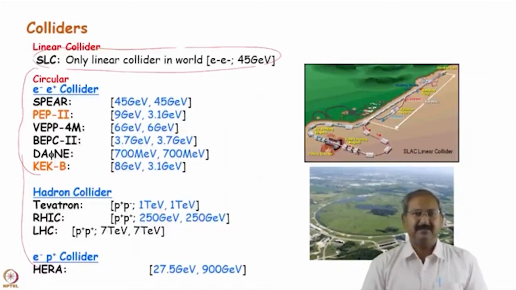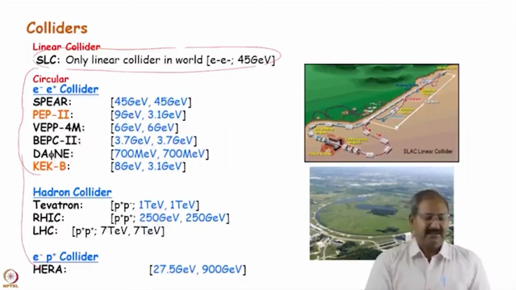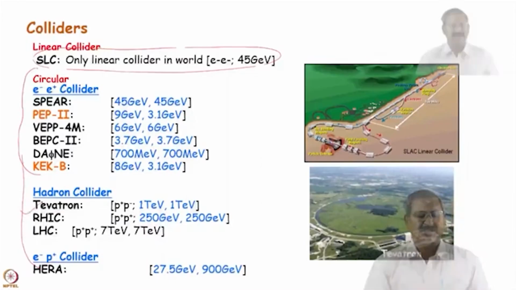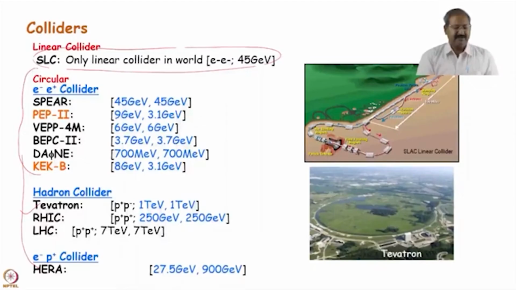So we have a lepton but less radiation. So we can make circular accelerators which can push the muons to very high energies. There is also a plan in the US to build a muon collider. Tevatron has now been closed since the LHC started its operation. HERA is the only collider which collided electron and proton.